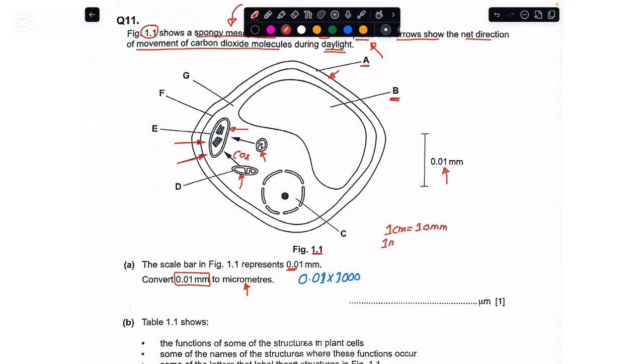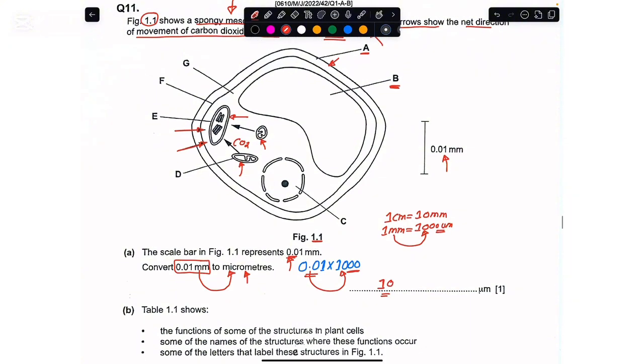And 1 millimeter is equivalent to 1000 micrometer. So if I have to go from millimeter to micrometer, I need to multiply this value, 0.01, with 1000. And when you multiply it with 1000, the answer that you would get here is 10 micrometer.